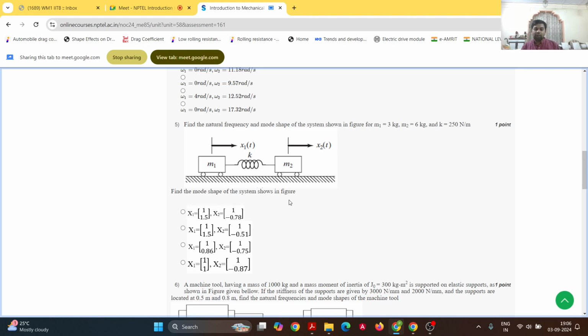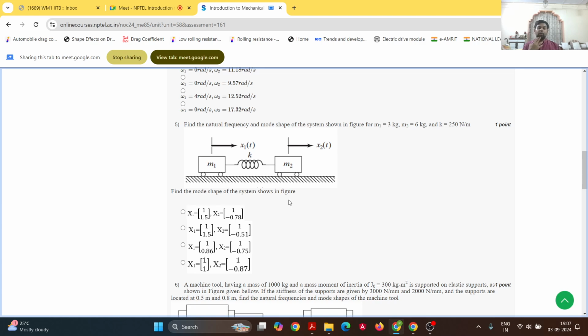Okay, sir. Mode shape essentially means that when your system is oscillating at its natural frequency, and if it is a 2-degree of freedom system, then it will have two natural frequencies, right? When it is oscillating at a natural frequency, x1 and x2 will be in a certain proportion, so the amplitudes will be in a certain ratio.